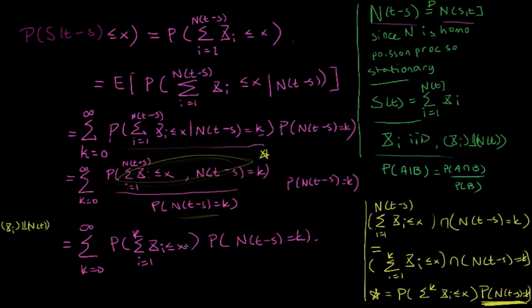Okay, so now we will take a break, and then I will continue in the next video, because what we have shown now is that the probability that the total claim amount up until time t minus s is smaller than or equal to x is given by this expression.